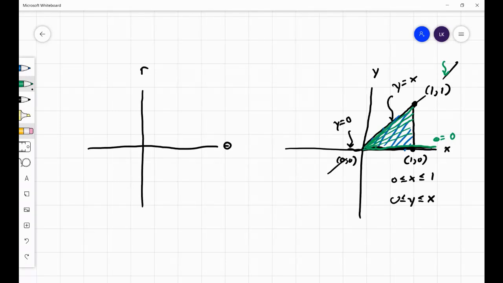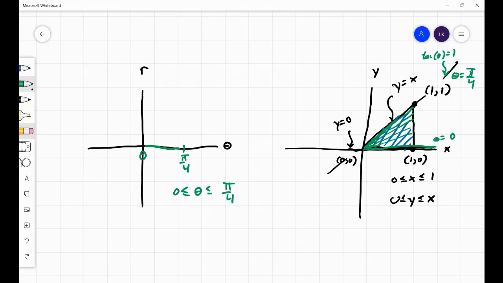Each point on this line, because the slope is 1, has tangent of theta equal to 1. So that's defined by where theta is pi over 4 in the first quadrant. So theta is pretty easy. Well, I shouldn't say easy. It's never easy. Theta is between 0 and pi over 4.